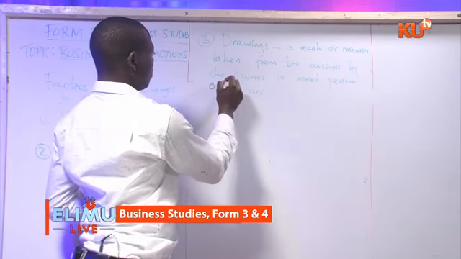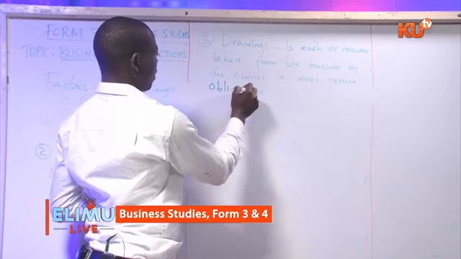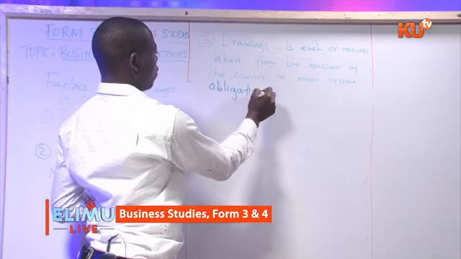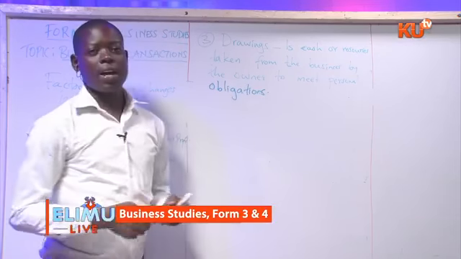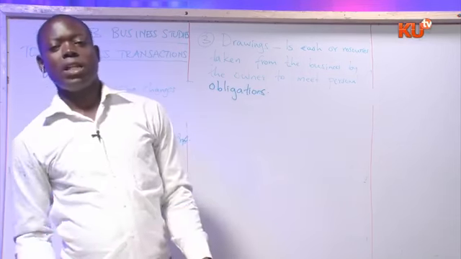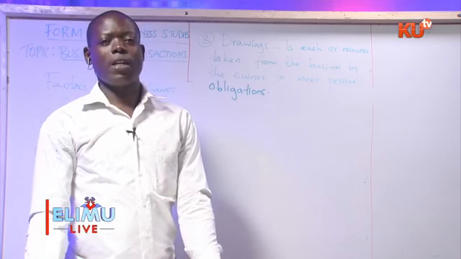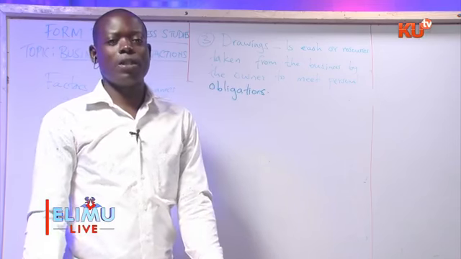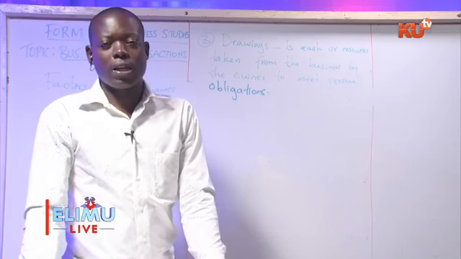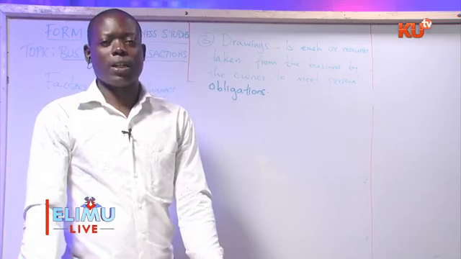What is not business in nature? There are those things that you are going to do using the business resources that are not business in nature. For example, if you take resources from the business for your personal use, that is drawings.